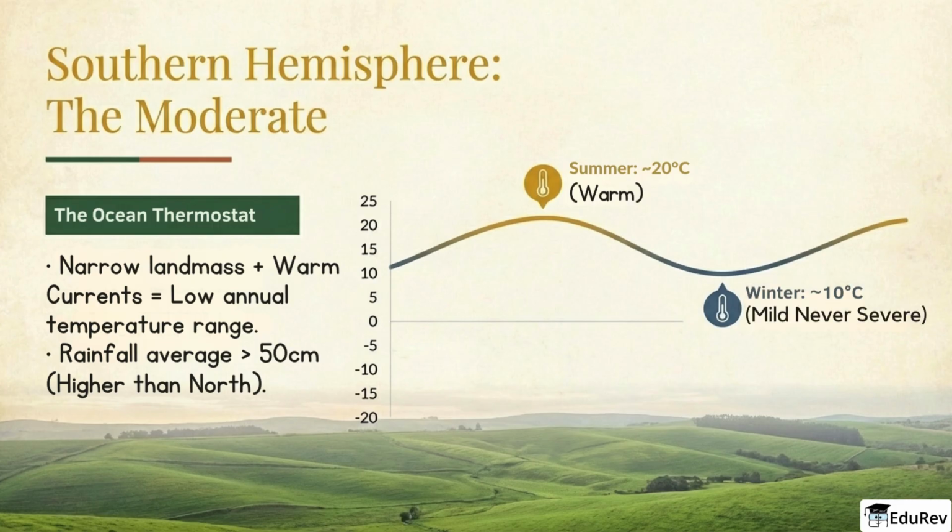Winter stays around 10 degrees Celsius, mild and never severe compared to the north. Rainfall is also generally above 50 centimeters, and that is higher than the northern interior steppe belts. So if the north teaches you continentality, the south teaches you maritime moderation. That single comparison is worth carrying into every answer.